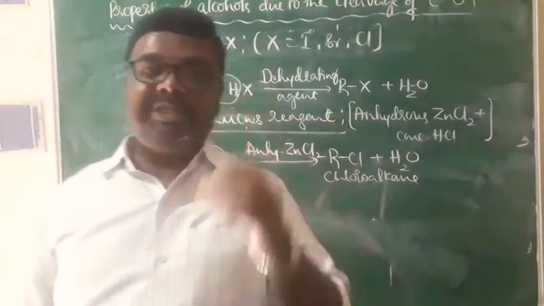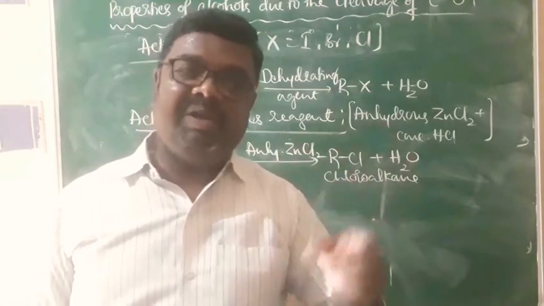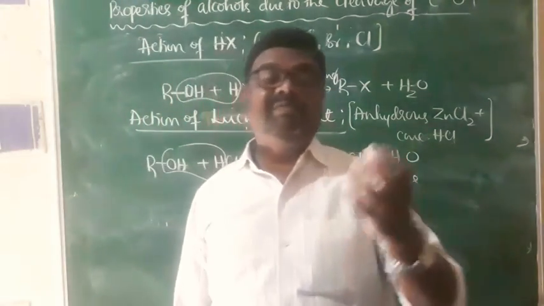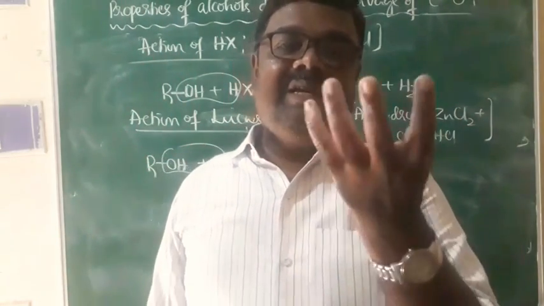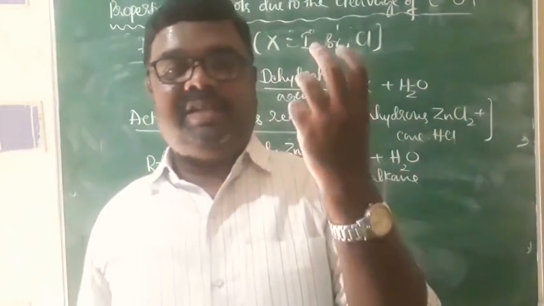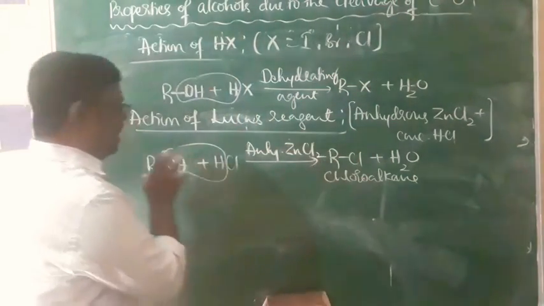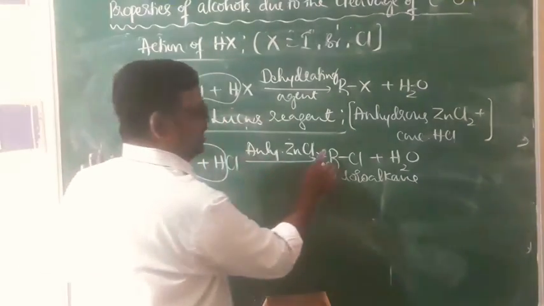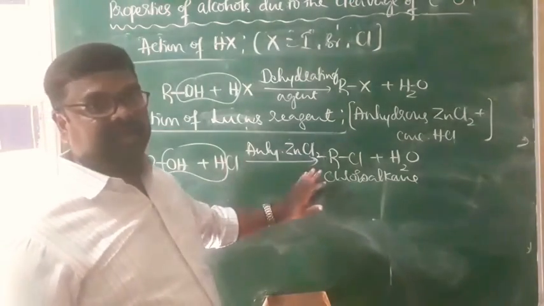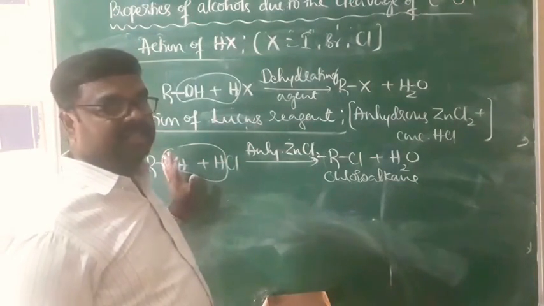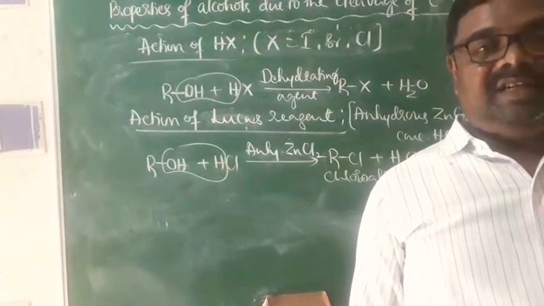That is, the transparency of the water medium decreases and it gives a dull appearance. That's why it is called turbidity. So when alcohols react with Lucas reagent, you get turbidity.